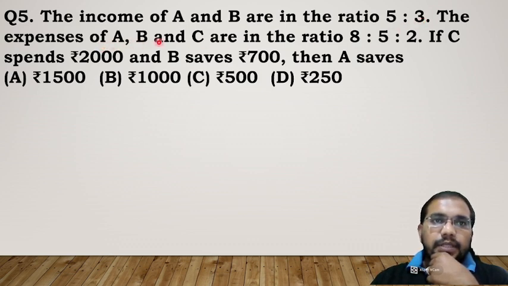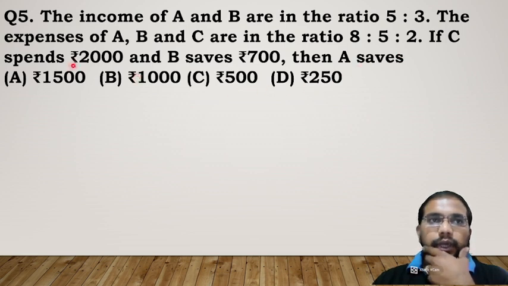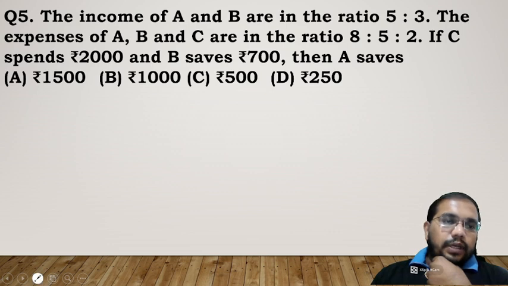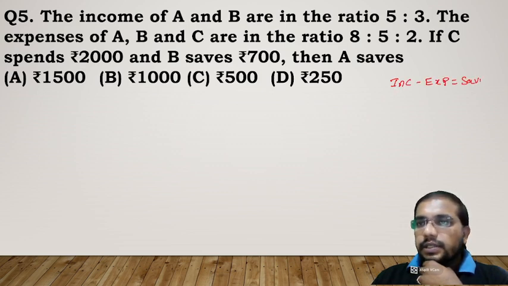The expenses of A, B, C are in the ratio 8:5:2. If C spends 2000 and B saves 700. See, before explaining this question, I want to discuss this thing. Income minus expenditure is equal to what? Savings. Yes or no?